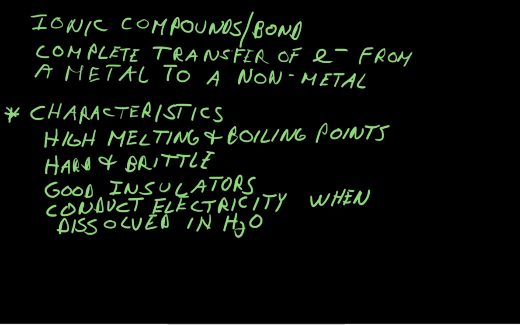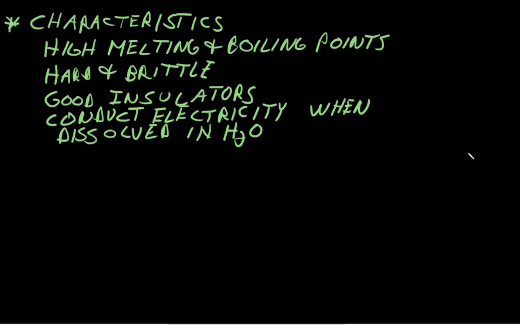Let's go ahead and look at some diagrams of ionic bonding to make ionic compounds. We always write the metal first, so we're going to look at sodium, and sodium has one valence electron. We're going to combine that with chlorine. Chlorine, on the other hand, a halogen, has 7 valence electrons.